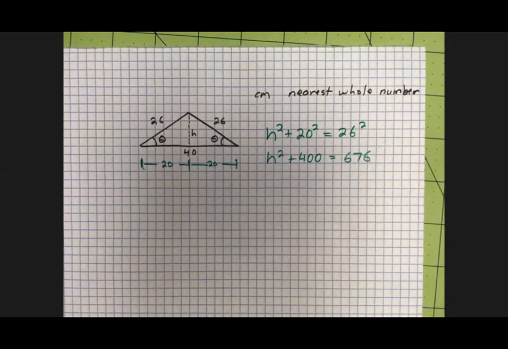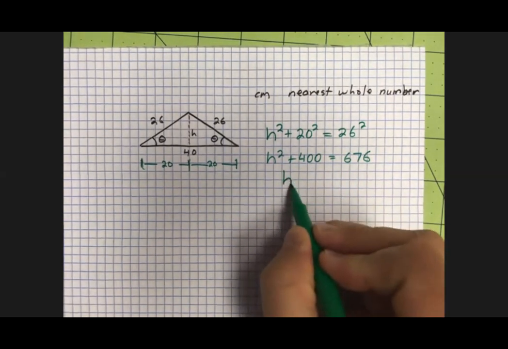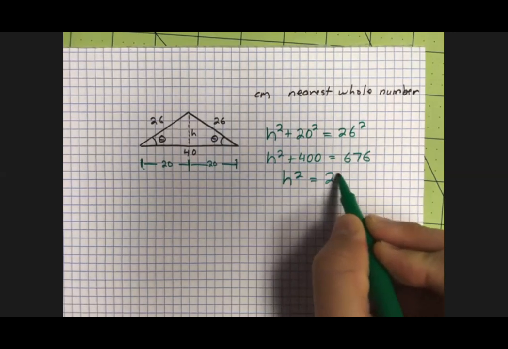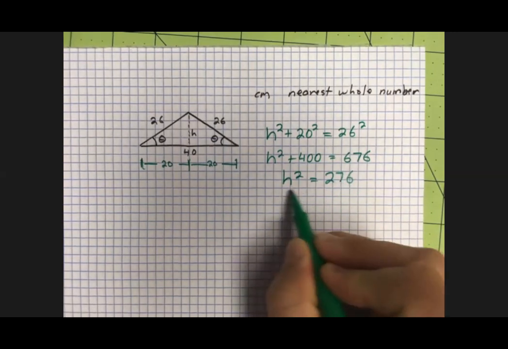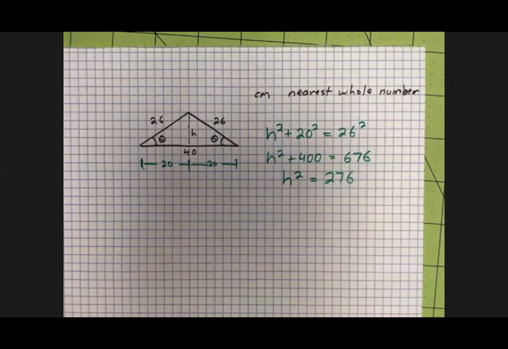You shouldn't do math in your head. So let me just check that. 676. Right. So h squared is 276. I don't think that's a perfect square, but let's just take the square root of it and round it appropriately.